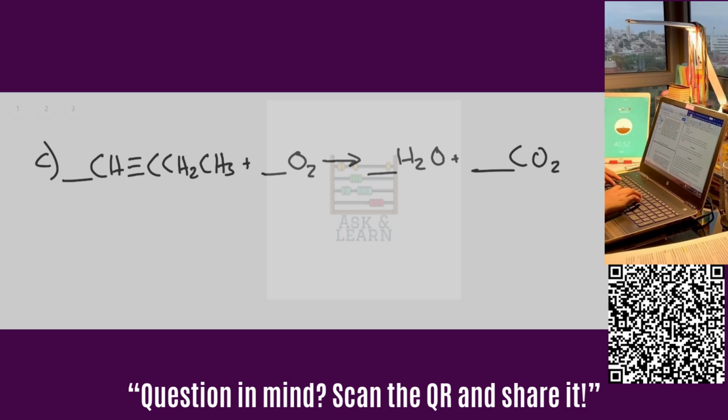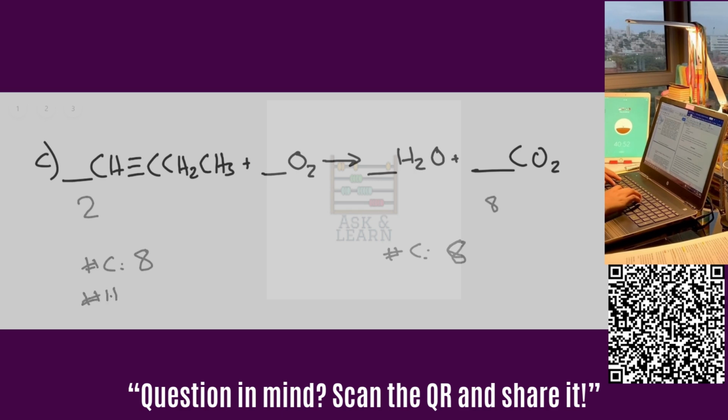Once again, we count our carbons. We're going to add a coefficient of 2 right away, and we see that we get 8 carbons. On the right, if we add a coefficient of 8 to the carbon dioxide, we will get 8 carbon atoms.